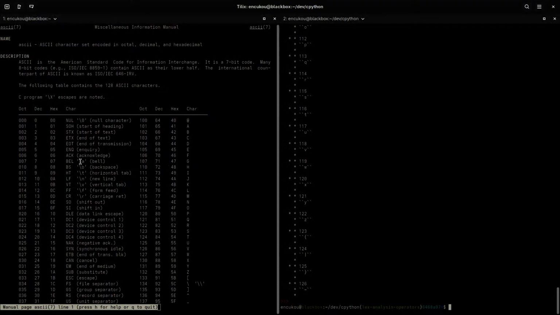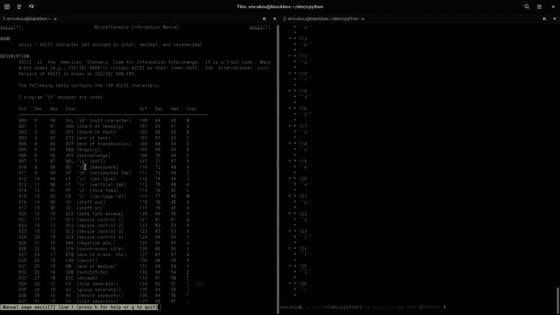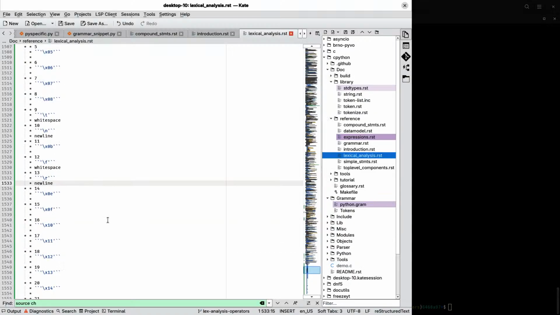And the rest of them, bell, backspace, tab. Yeah, tab is white space. Vertical tab is nothing. Form feed we have, carriage return, okay. And the rest of them are control characters.